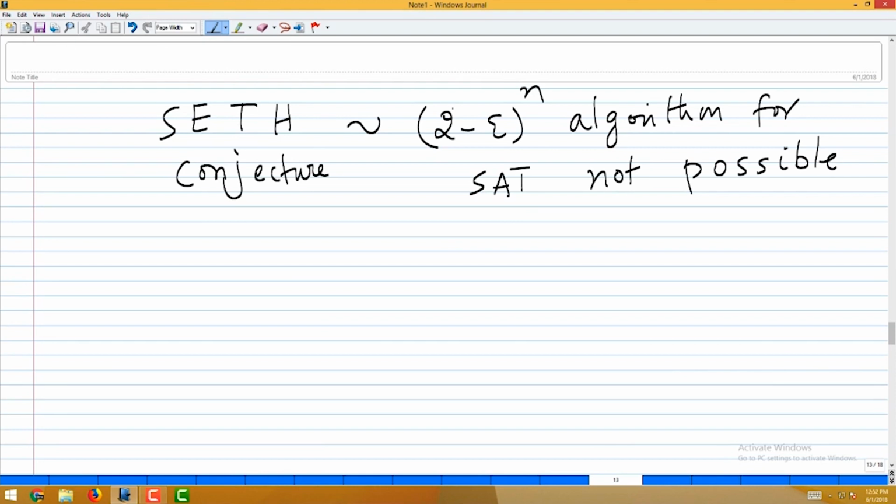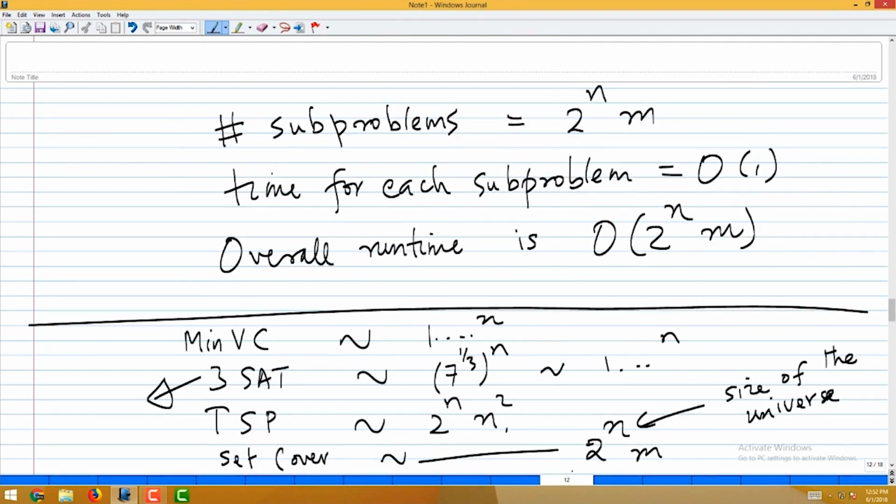But there is something called the exponential time hypothesis, which is for 3 SAT. For 3 SAT we did get something better than 2 power n, 2 minus epsilon was possible, but you can ask the question, how far can you go? Can you go down to any 1 plus epsilon?